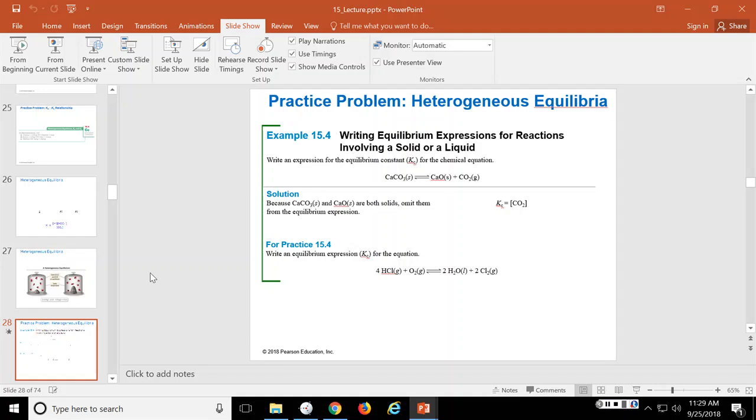If you look on page 651 at the conceptual connection, they're looking at a bunch of equations there. Okay, so if you look at those equations, the question asks you, for which one of these does Kc equal Kp? So there's two things you have to look at here. What's the first one?